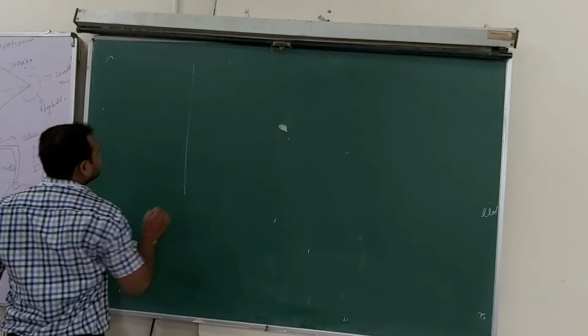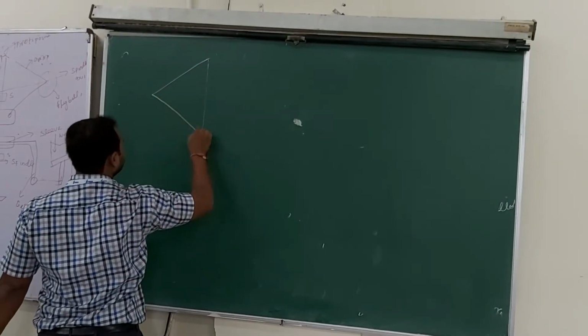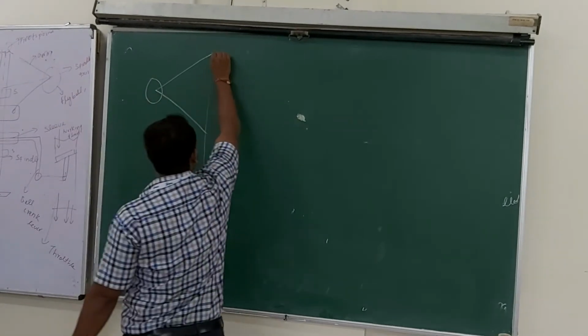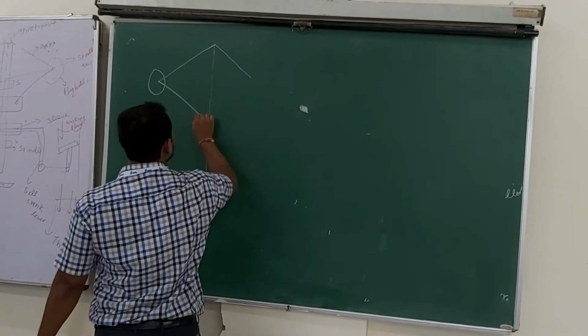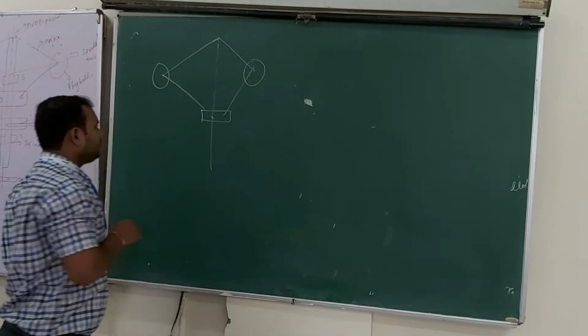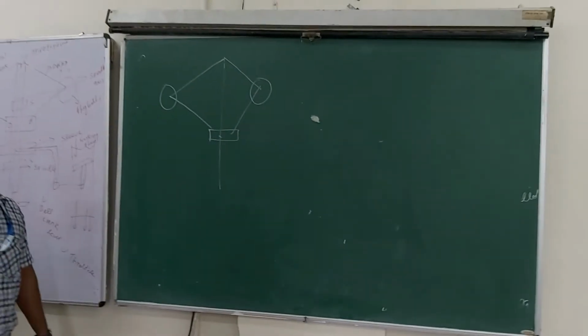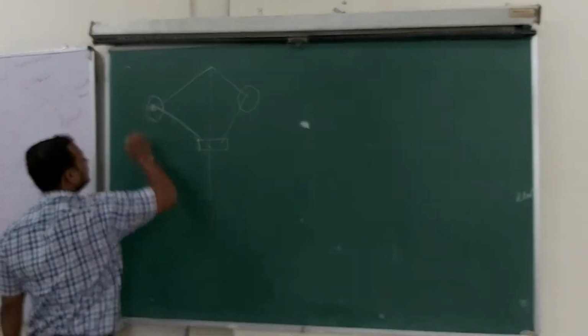Suppose this is the spindle axis, this is the upper arm, this is the lower arm, and this is the fly ball. Each fly ball has its own center of gravity, the CG point.